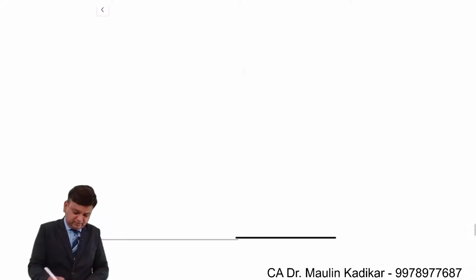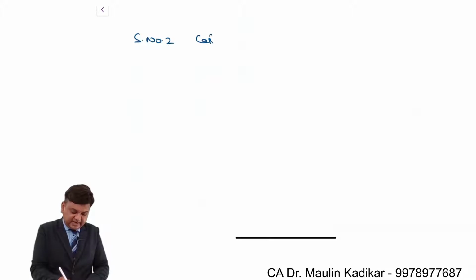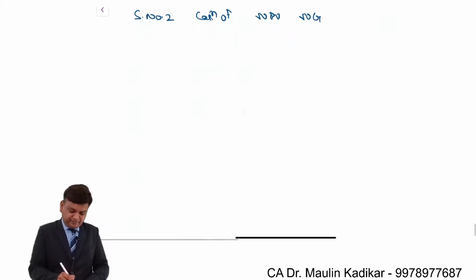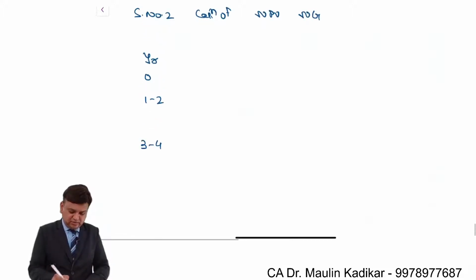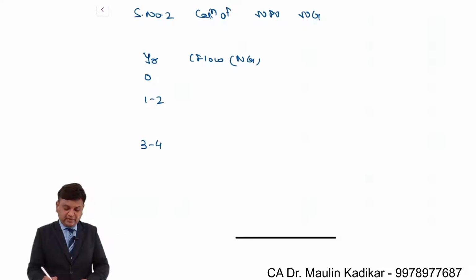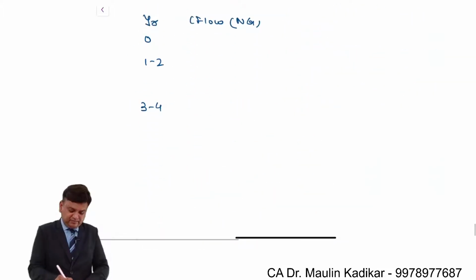Step number 2, calculation of NPV in Netherlands guilder currency term. So what will happen? It is year 0, year 1 and year 2, year 3 and year 4. The cash flows are provided to us in Netherlands guilder currency term. The amount of the investment is 12.